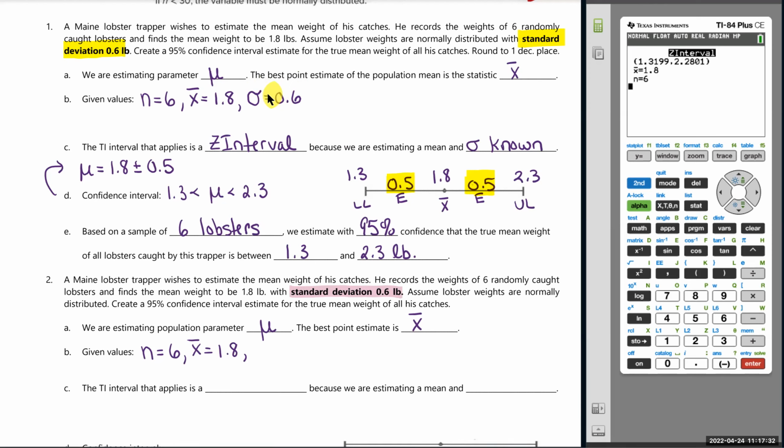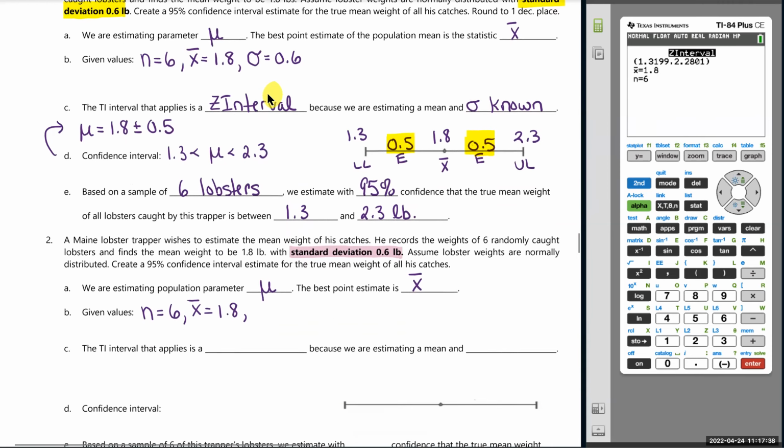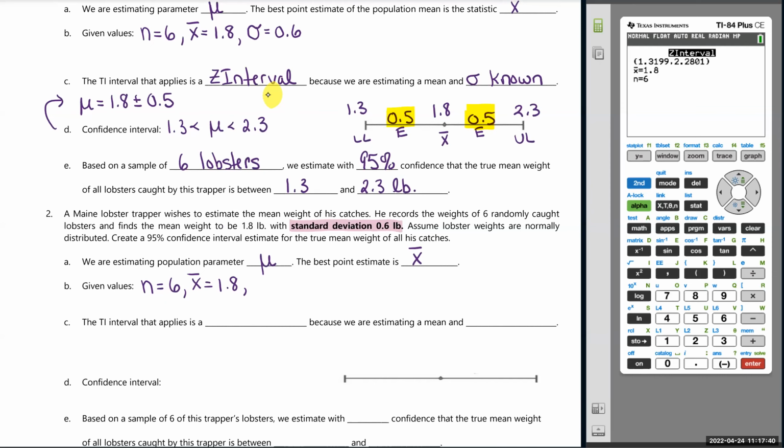But now we're seeing that standard deviation sometimes is the standard deviation of the sample. So rather than sigma, that is S, sample standard deviation, and I'm going to just write it in words as well.